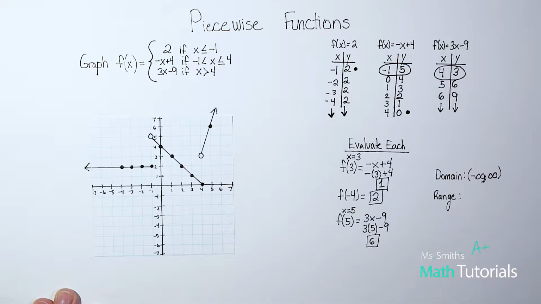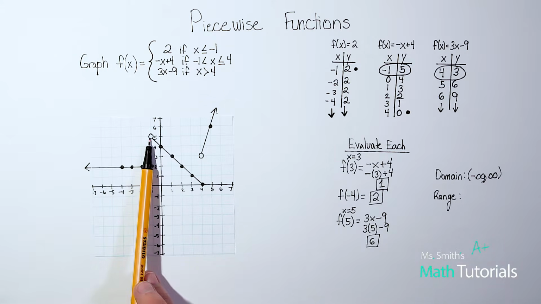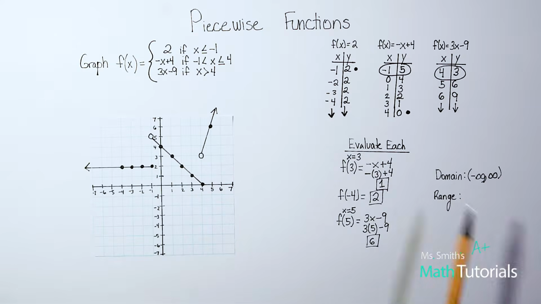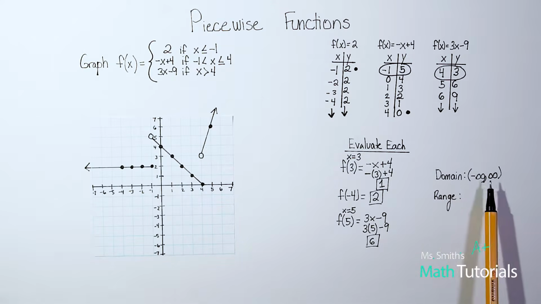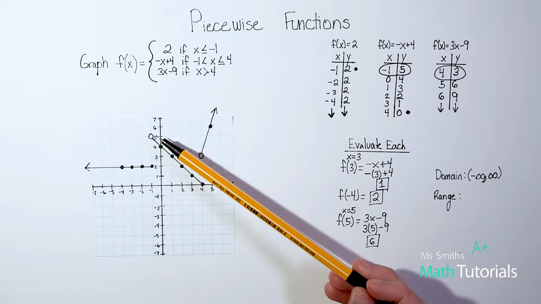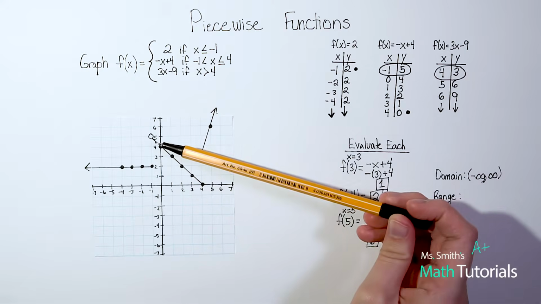And some people I know are thinking, we've got breaks in this graph, right? Don't we have a hole there and a hole there? Like, how can we possibly say the domain is -infinity to +infinity? Well, here's the thing. Even though there are breaks, what looks like holes in the graph right there and right there, look at what's happening.